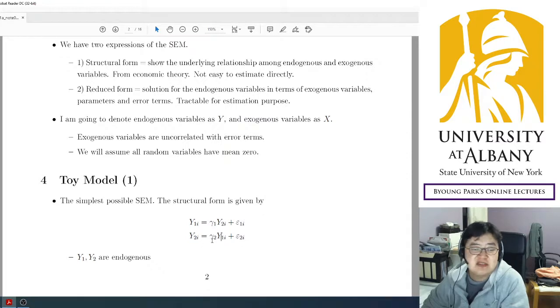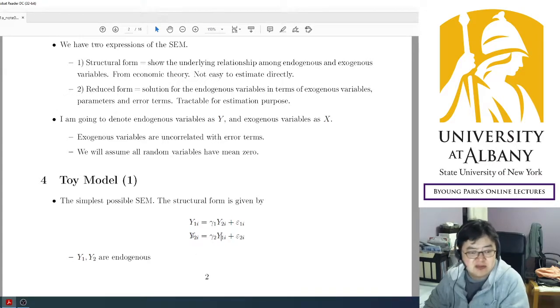In some sense, this is very similar to the supply and demand functions, but I do not put that interpretation here. Let's think of it as a general system of equations. And this is the structural form. It shows how y2 affects y1 and y1 affects y2.